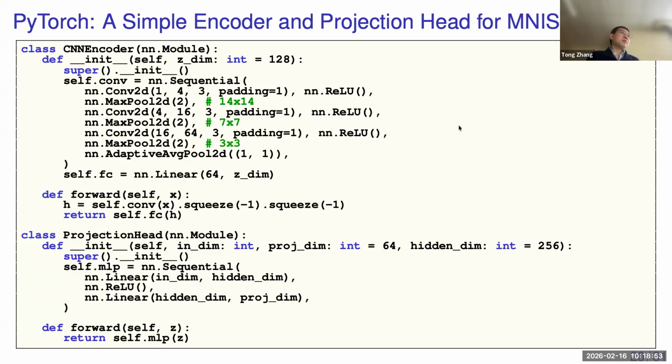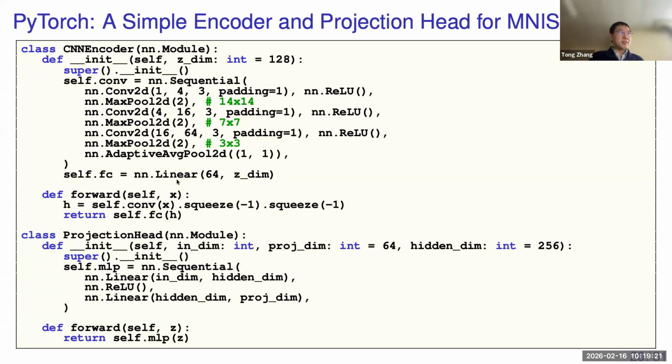Okay, let's take a quick look at the projection head. This is simple. This encoder is what we saw before, and it is a little bit different from the other, but it doesn't matter. This is just a CNN. Each time you have a convolution, then max pooling, convolution, max pooling, and so on. Later you do a global pooling here. We can also choose not to use global pooling, but here it's a slight change.